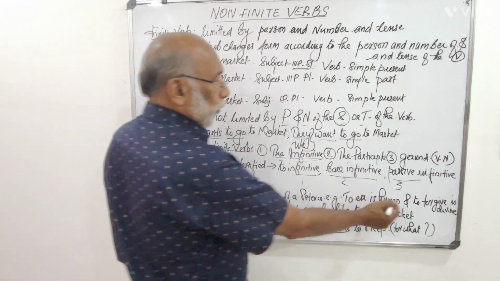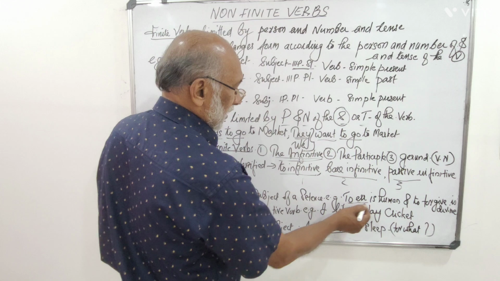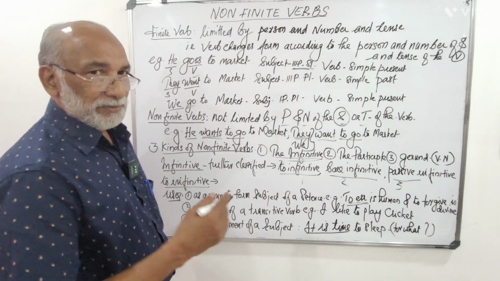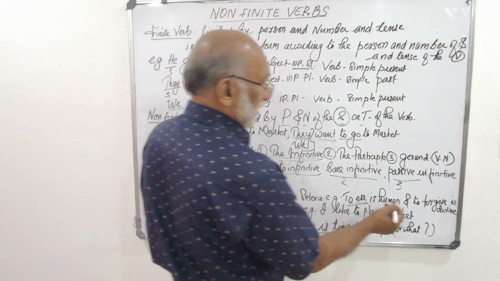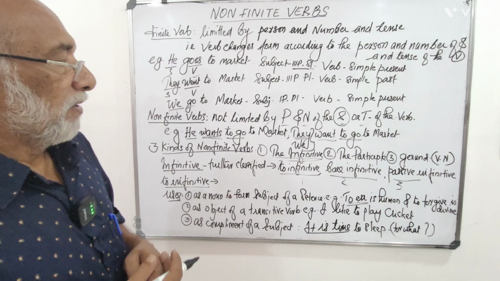To err is human and to forgive is divine. Here, to err, that is a to infinitive, to err, that means to commit mistakes. This is an old saying, very meaningful.